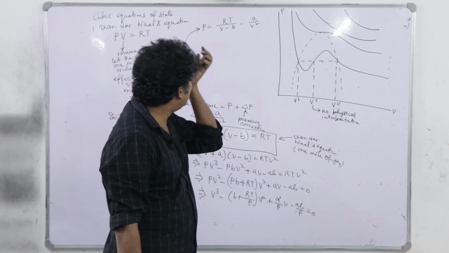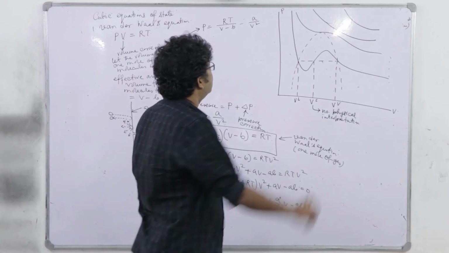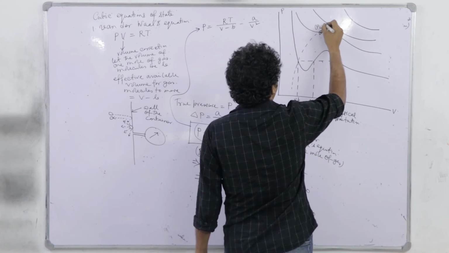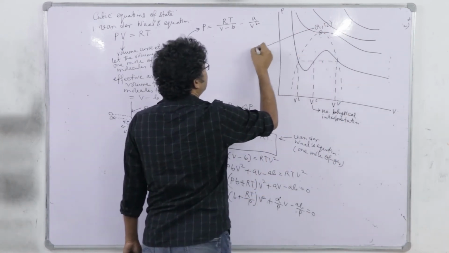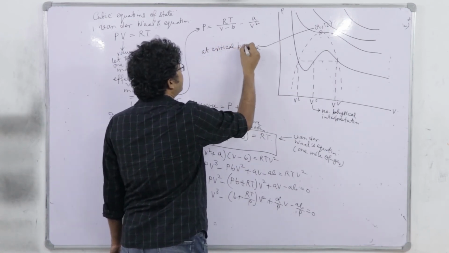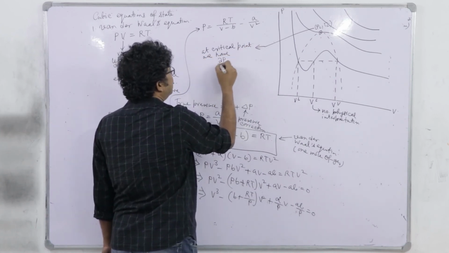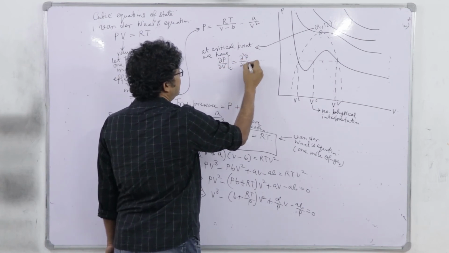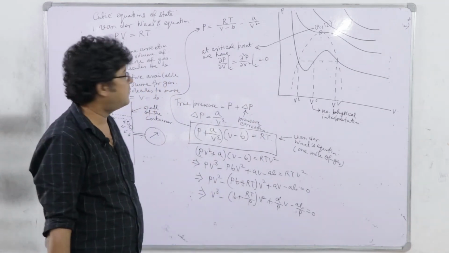Right. So, you know that A and B can easily be calculated from critical point data like PC and TC. Why? Because at the critical point we have the first derivative and second derivative of the isotherm both vanishing, right, because it is a point of inflection.